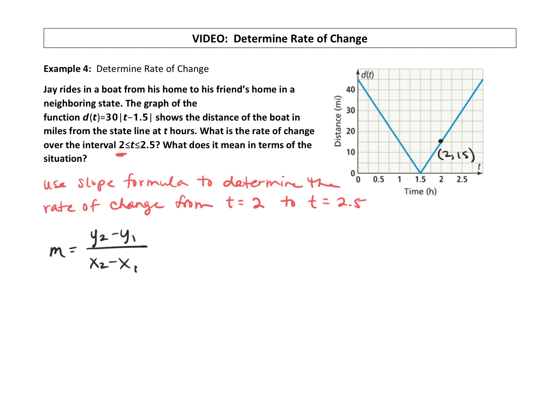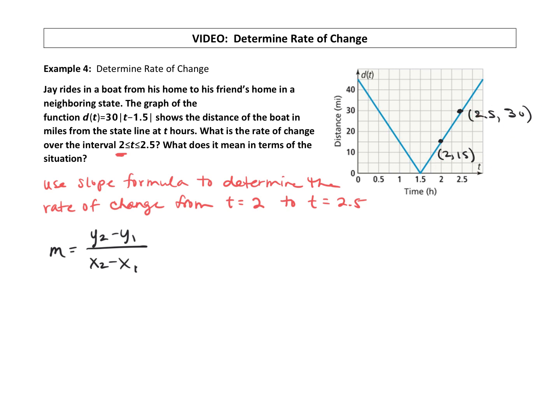And then the other ordered pair, when time is 2.5 hours, so let's go over to 2.5 hours, then go straight up to your function. It hits it right here, which is at 30 miles. So 2.5 hours is right there. So 2.5 and 30. So we've got our two ordered pairs right here.